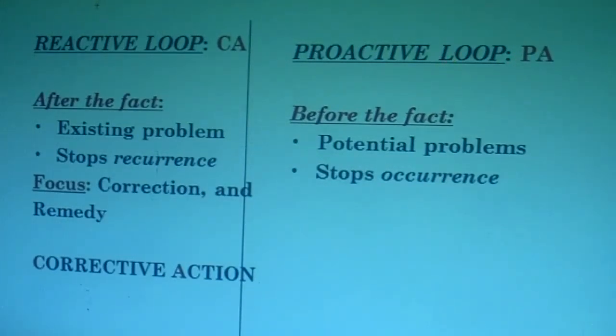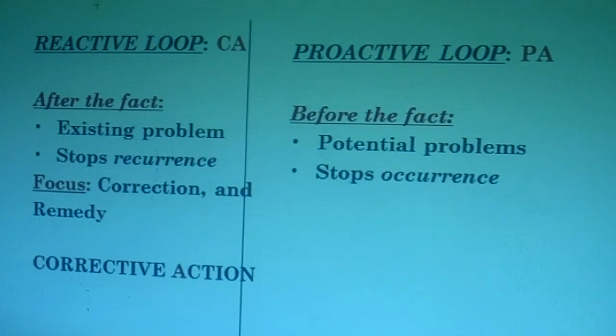Okay? Over there, CA is based on adverse events. Things have happened. There have been customer returns. There are customer complaints. Those are addressed in the CA loop. Okay? Existing problems. Over here, things may happen if we don't address them, if we don't address the symptoms.